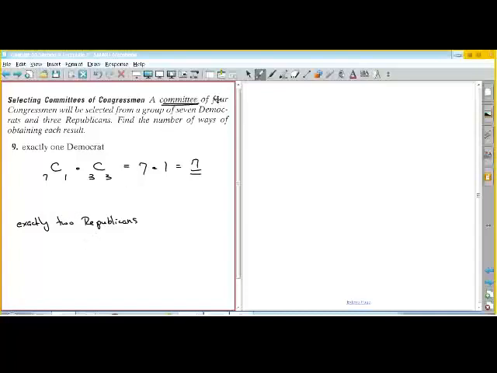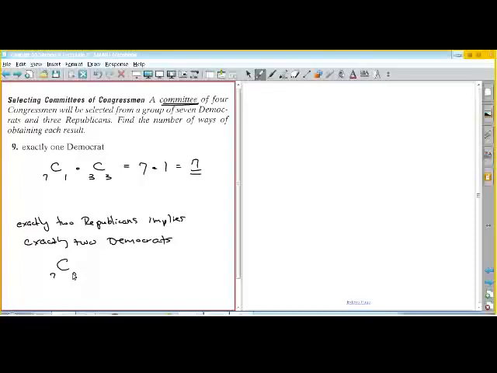Let's talk about two Republicans. If I have 2 Republicans, that means I also have 2 Democrats. So exactly 2 Republicans implies exactly 2 Democrats, because I have 4 total.